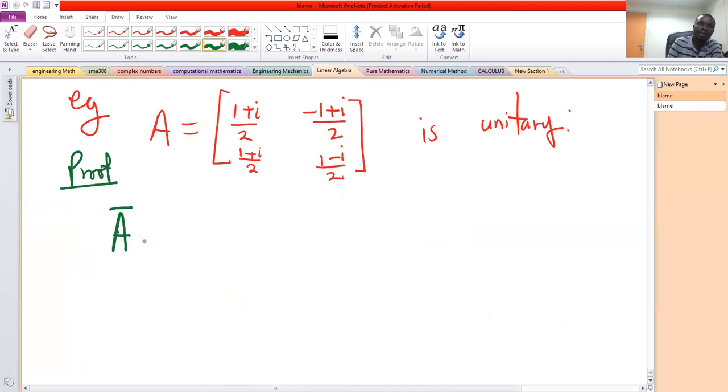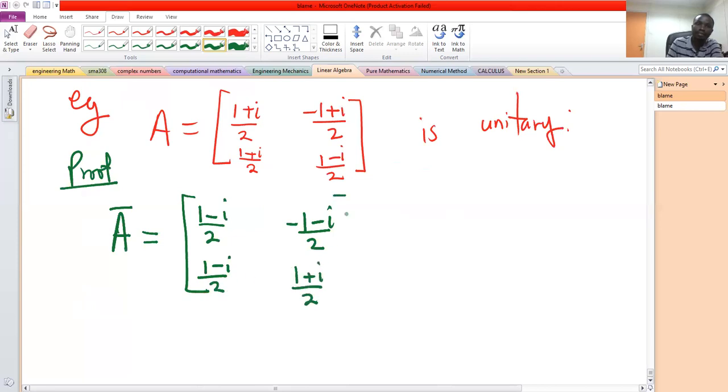The first thing, we have to get the conjugate of the matrix A, which will be (1 minus i) over 2, minus (1 minus i) over 2, (1 minus i) over 2, (1 plus i) over 2.